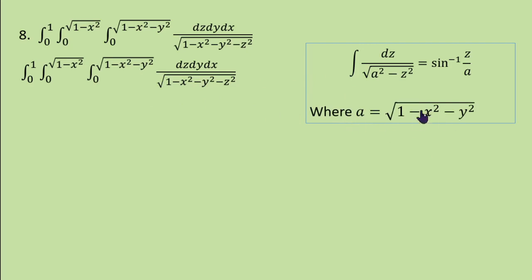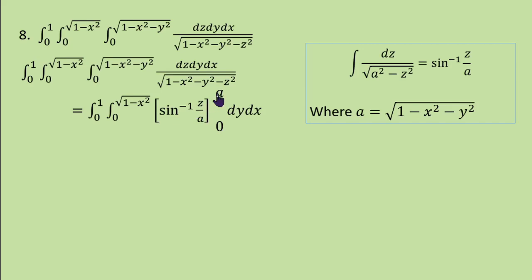Then this integration is sin inverse z by a, with limit from 0 to a, because the upper limit of z is root 1 minus x square minus y square. So that is a. Sin inverse z by a with lower limit 0, upper limit a.